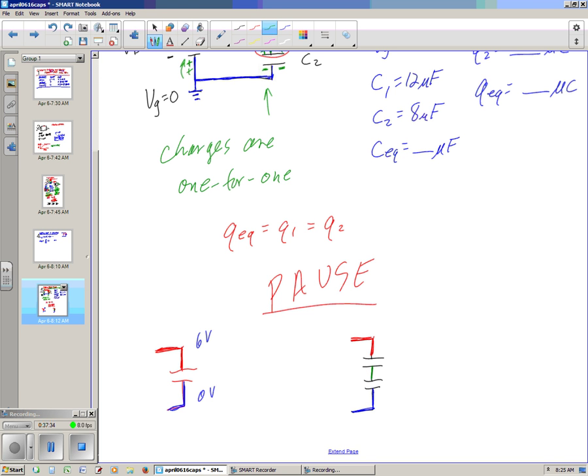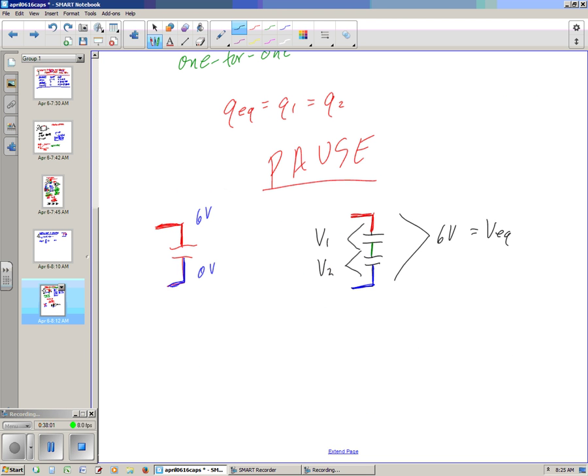So we know that across here it's going to be 6 volts, but we don't know what it is from here to here and from here to here. But what we do know is that we could call this difference V1, and we could call this difference V2, and we could call this difference here V equivalent.